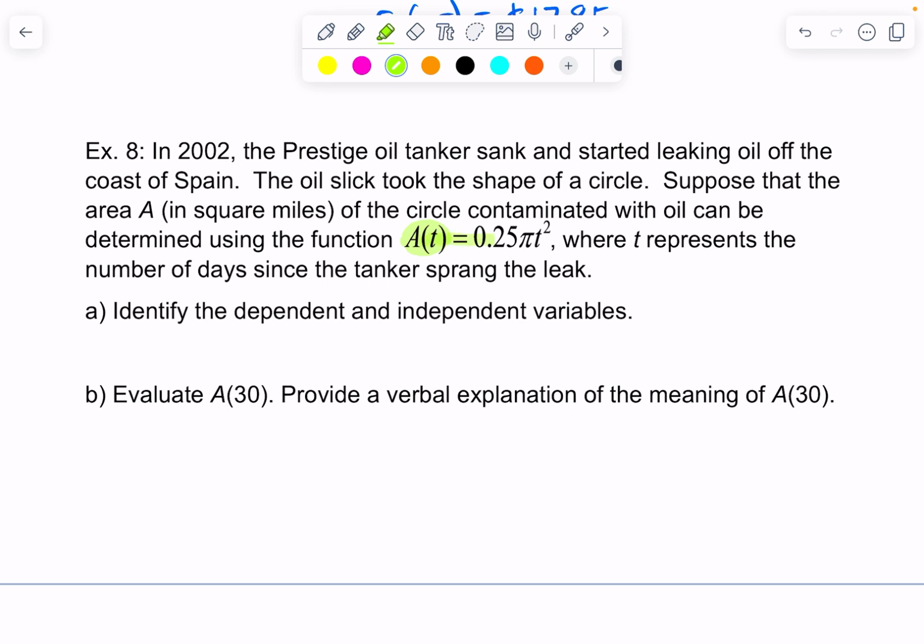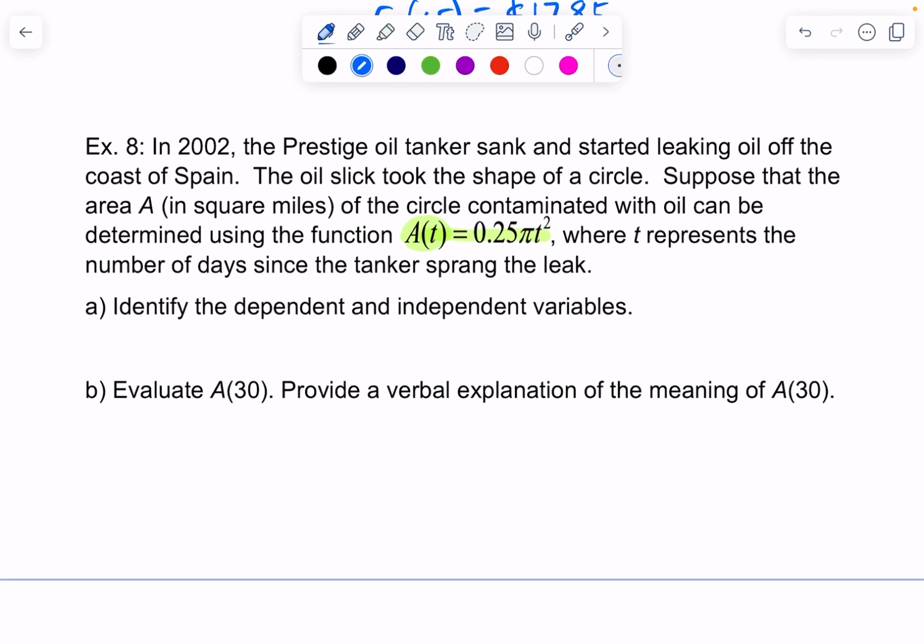So A of t equals 0.25 pi t squared, where once again t represents the number of days since the tanker sprang a leak. Identify the dependent and independent variables.